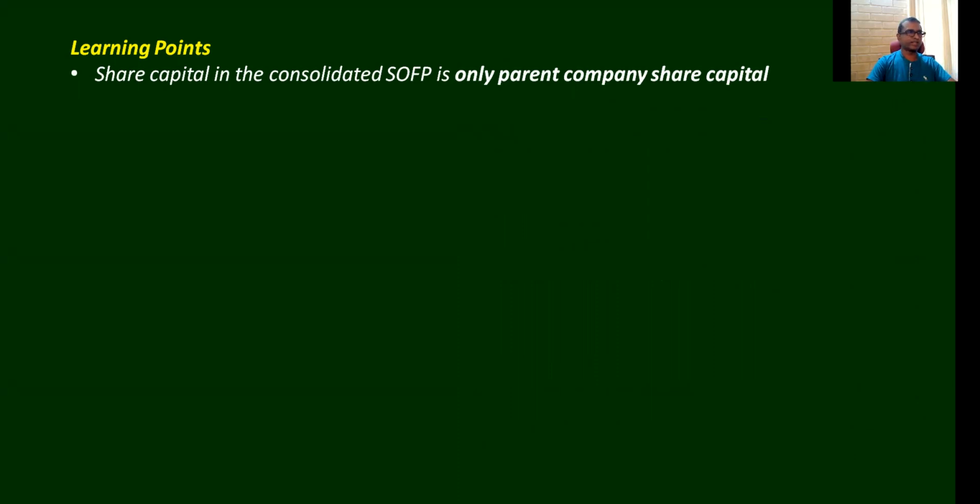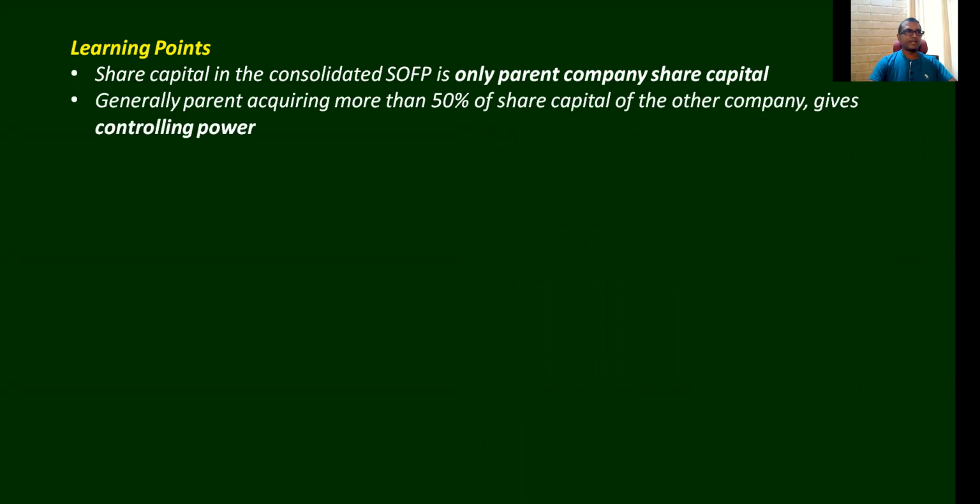This is true, right? Generally, parent company acquiring more than 50%. That is very important point. We acquired 100%, so it gave us controlling power. But when you acquire more than 50%, it gives you controlling power, roughly. There are some other conditions as well, those are advanced things.